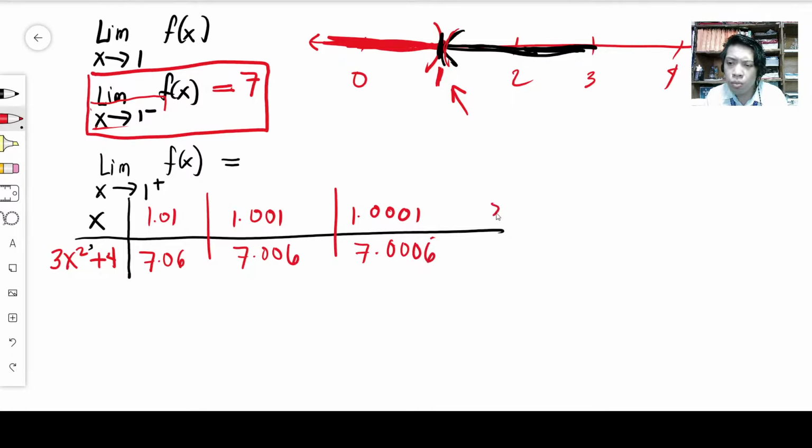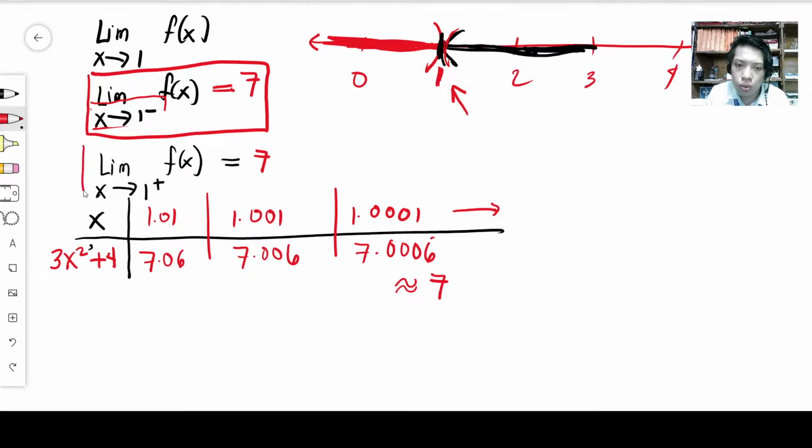As we continue, this will eventually reach 7. So the limit of the function as x approaches 1 coming from the right is also equal to 7.